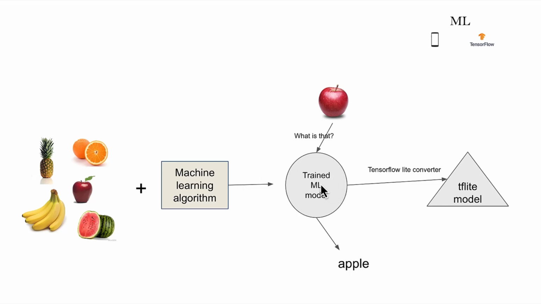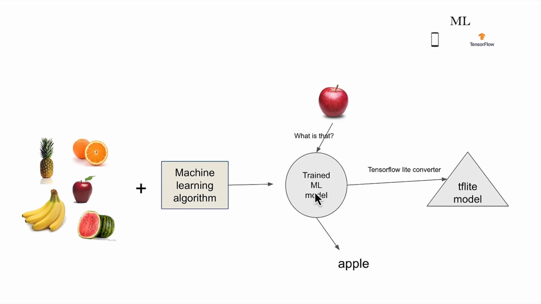This trained model can be used in desktop and web applications, but it cannot be used in mobile applications because the processing power of mobile devices is quite limited. So there we cannot perform all the operations which we can perform in desktop or web applications.